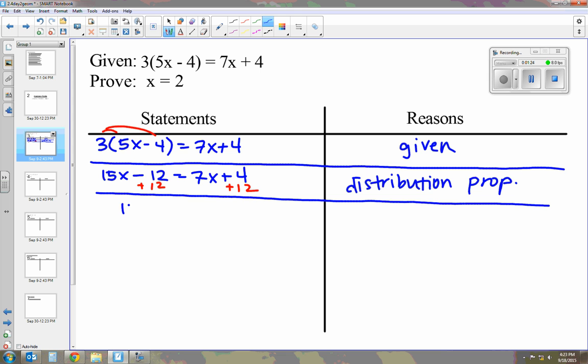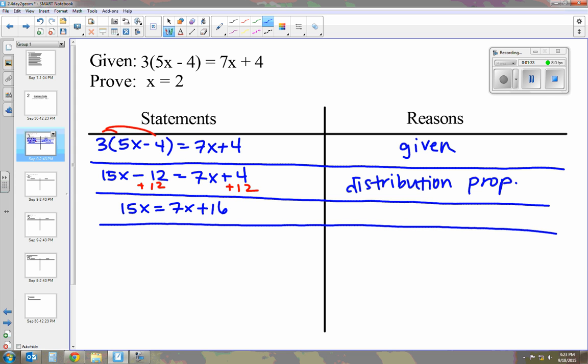So I have 15x equals 7x plus 16. And the reason for me writing that down is the addition property of equality. Okay. Next up, I'm going to subtract the 7x on both sides. And I get 8x equals 16.